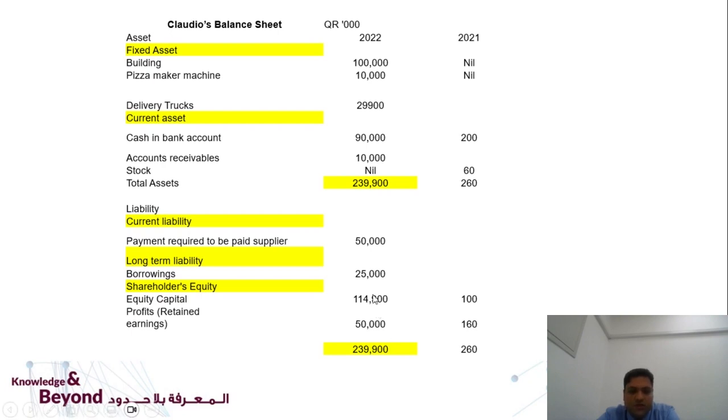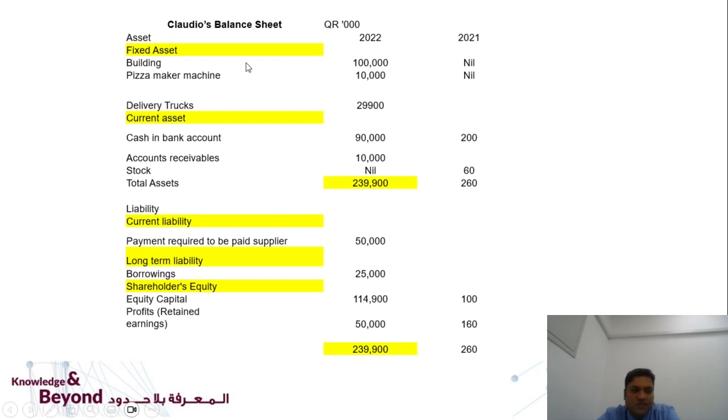Now you have to see that as he's expanding his business, his equity, or his own funding, has also increased, and he has also borrowed 25,000. So the amount he has raised from his own capital, that is equity, and the borrowed money, he has used these two in creating these assets.